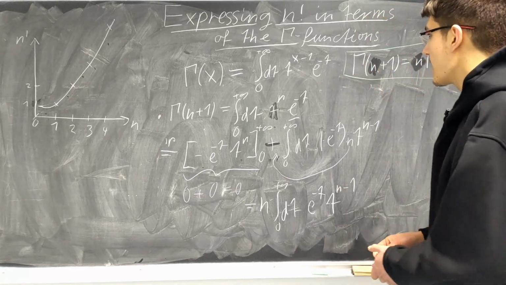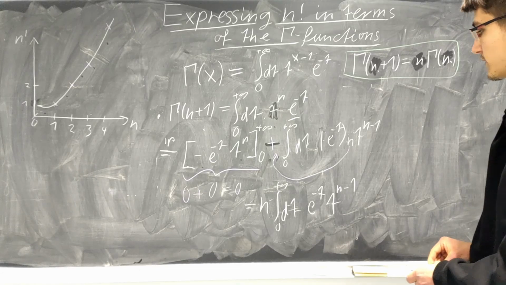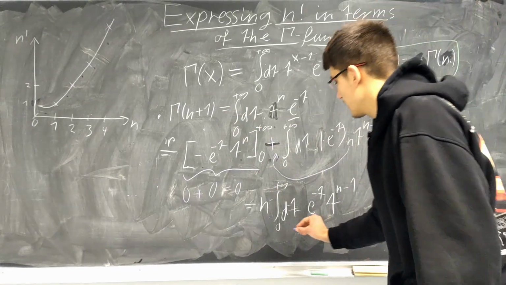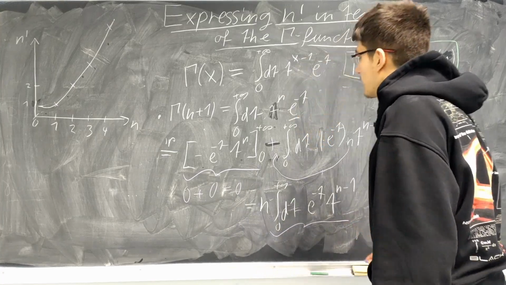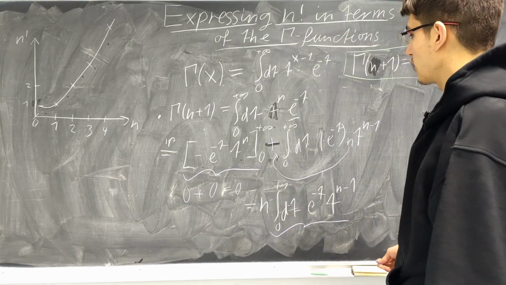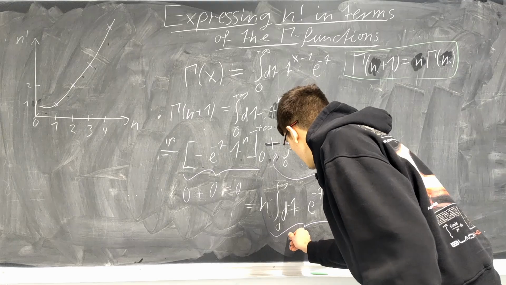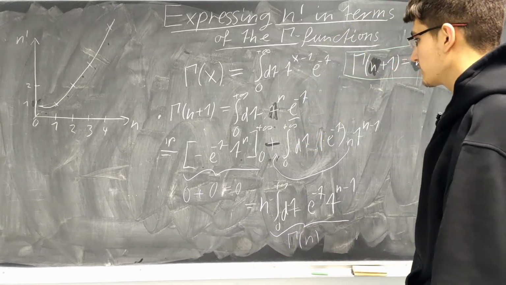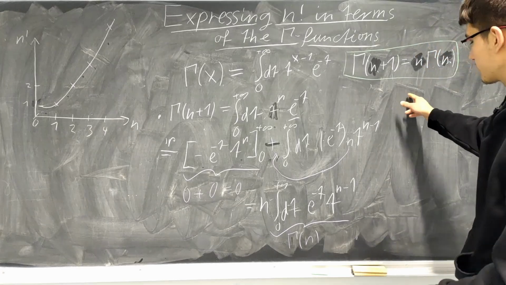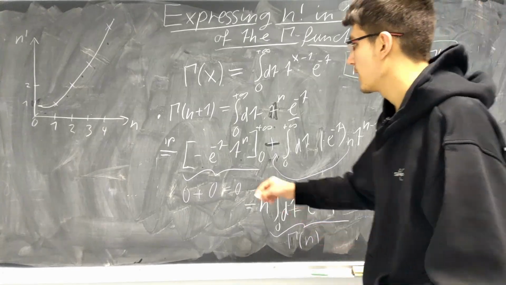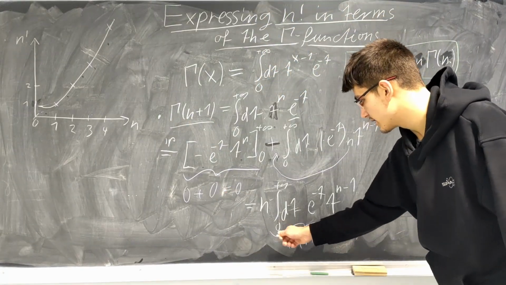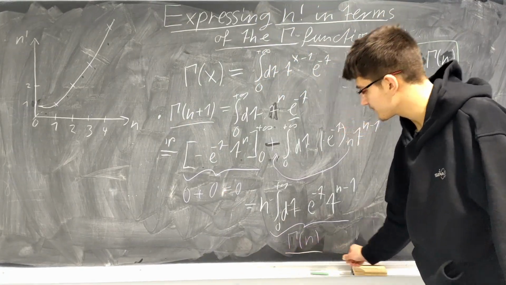And if we look at the definition of our gamma function, this term is the gamma function gamma of n. So we have proven our property: gamma of n plus 1 equals n times gamma of n. So we did that.